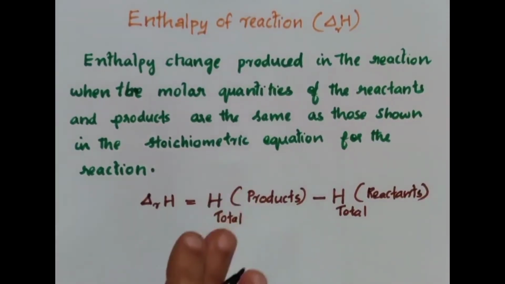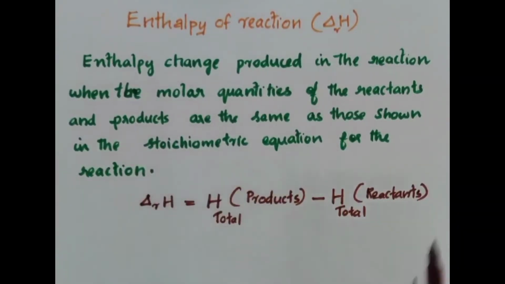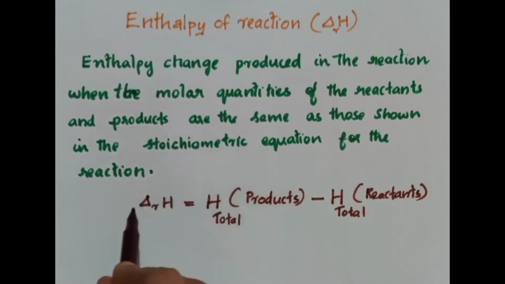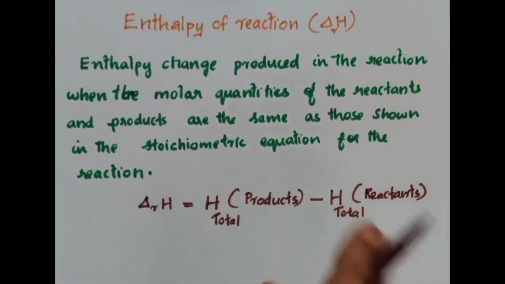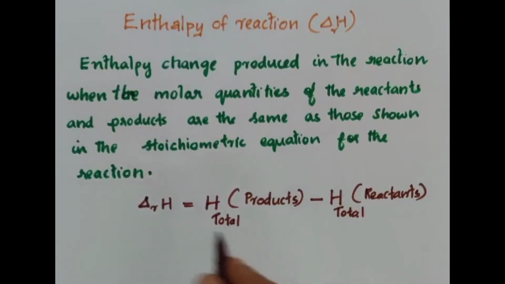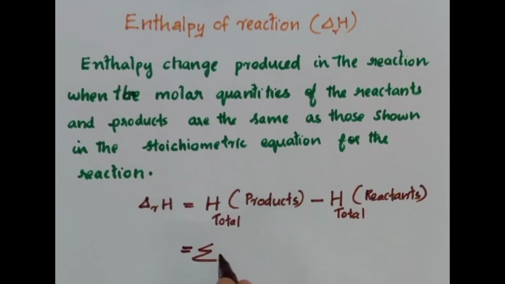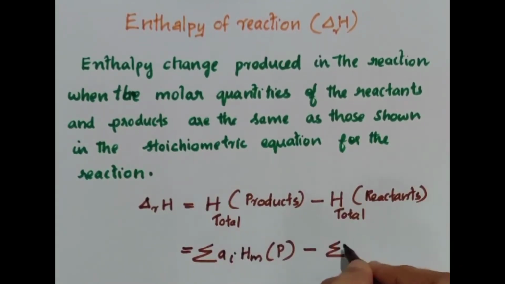For all types of reactions, the enthalpy change of that particular reaction can be found by this formula: delta HR is equal to H total of products minus H total of reactants. Products means overall products. It is sigma ai HM of products minus sigma bi HM of reactants.